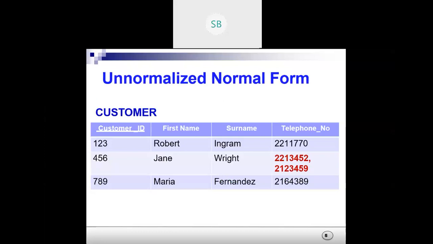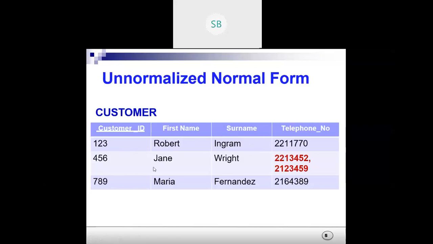Here no non-atomic value is there. Why? Because every column is storing a single value, which you cannot divide. So these are atomic values, even the telephone number.